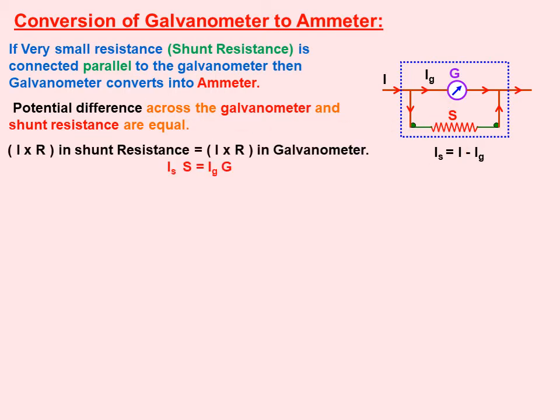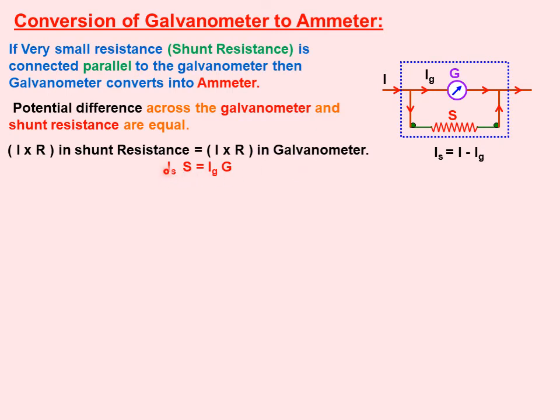So we will see potential difference across galvanometer is equal to potential difference across shunt resistance. The potential difference across shunt resistance is current into resistance across shunt resistance, and across galvanometer it is current into resistance of galvanometer.